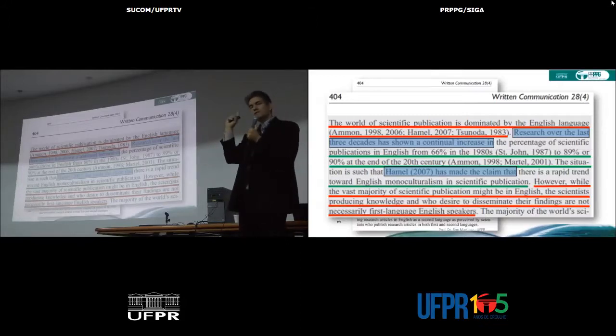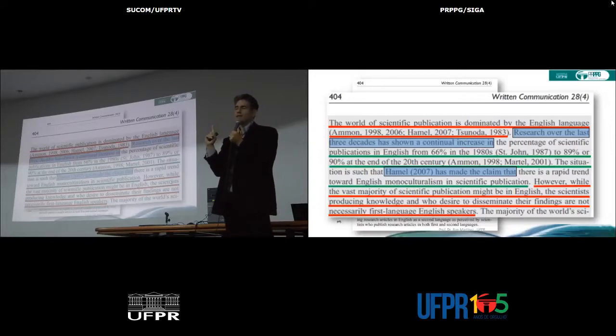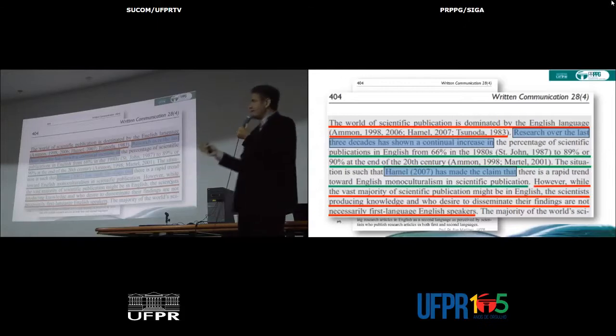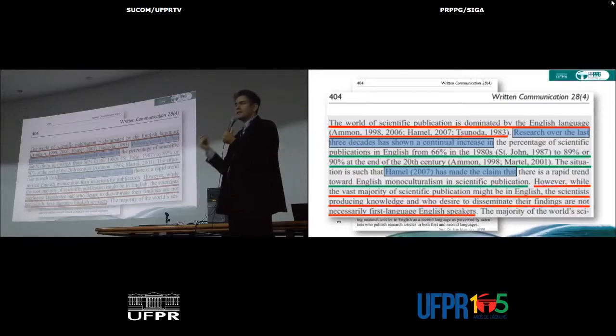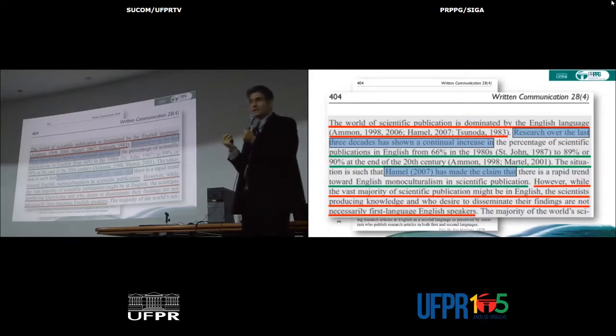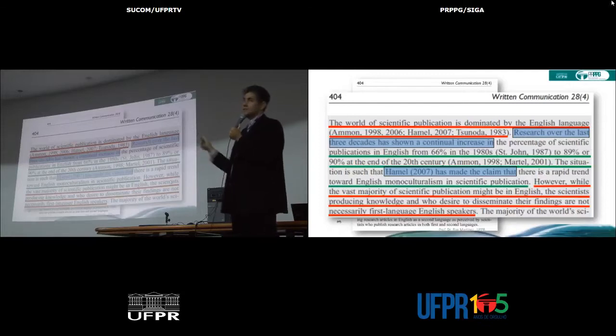Remember what I said on the first day of this class, that nobody's born an academic author. It's something that you learned. Nobody's a native author of academic English. They learn to speak this language here. Fulano has made the claim that, and it's a safe way of saying it because it's the way a lot of people write it. You can Control-C and Control-V that, and it's good plagiarism.